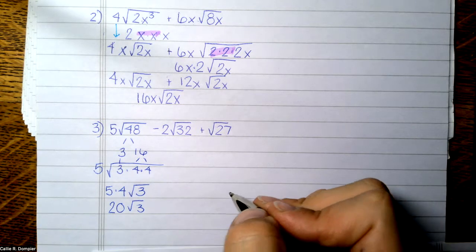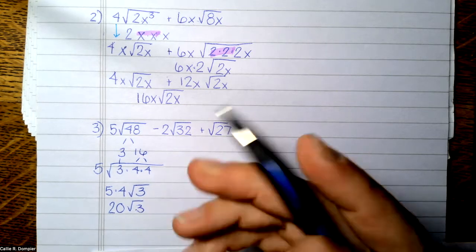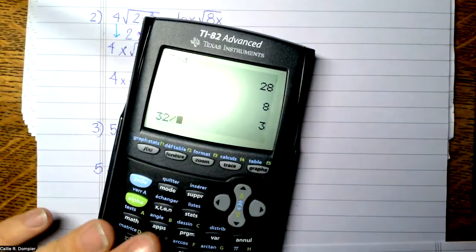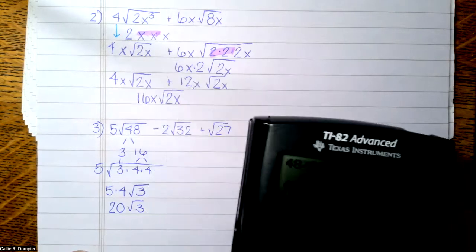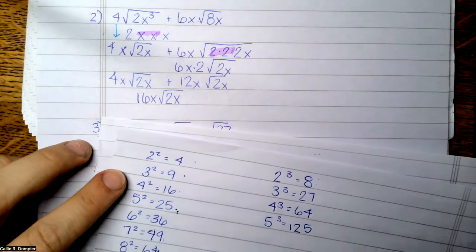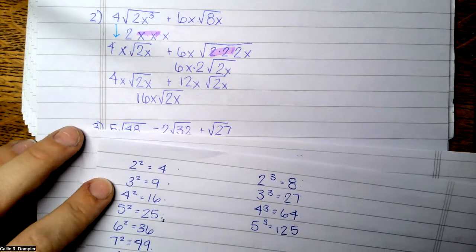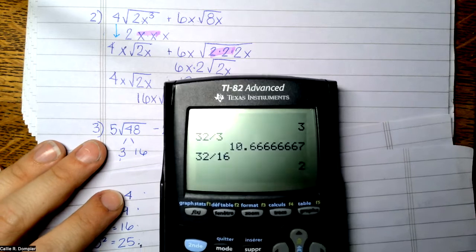Good. Now, hopefully, if I divide 32 by 3, I get a perfect square because then I can leave that 3 inside, right? So 32 divided by 3 is no. Okay, 32. Can I divide it by 4? Can I divide it by 9? Can I divide it by 16? Can I divide it by 25? 32 divided by 16 is 2. Good.